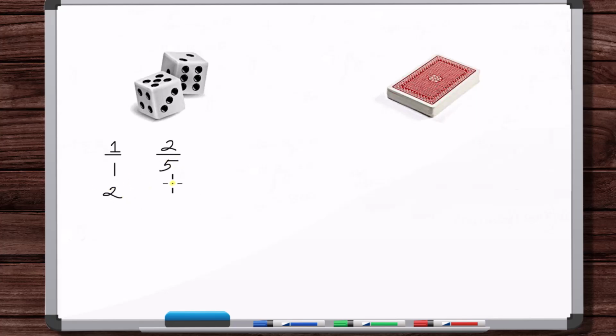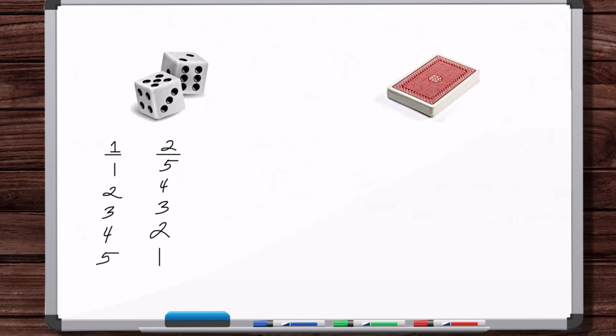A 2 on dice 1 and a 4 on dice 2. A 3 and a 3. A 4 on dice 1 and a 2 on dice 2. A 5 on dice 1 and a 1 on dice 2. So we've got 5 different ways to get a 6 here.